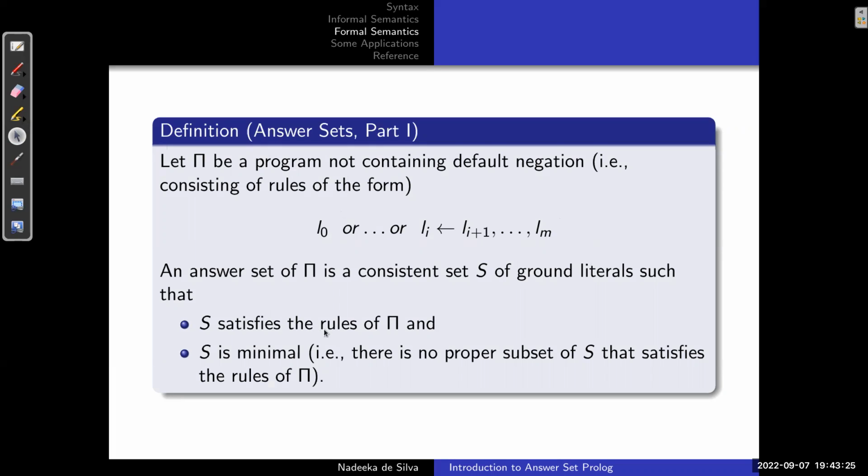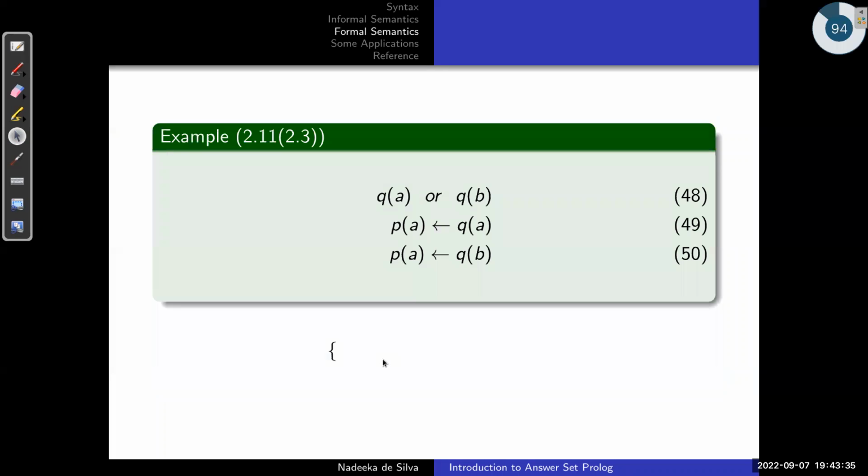Okay, so H satisfies all the rules of pi and is minimal. Okay, that means there is no proper subset of H satisfying the rules of pi. Okay, so I will do one example from this formal type.